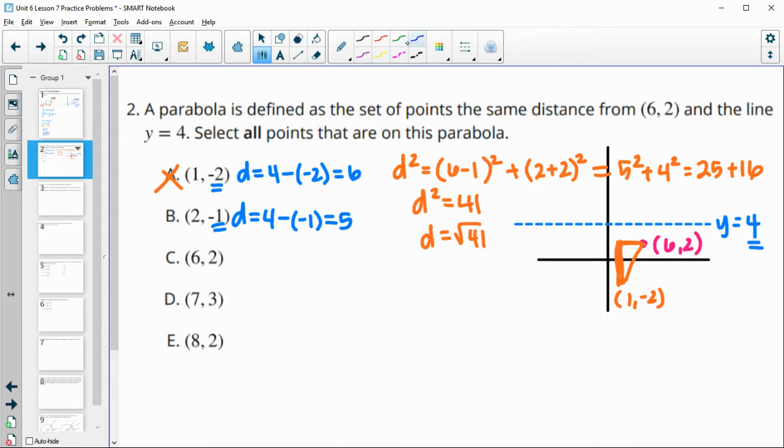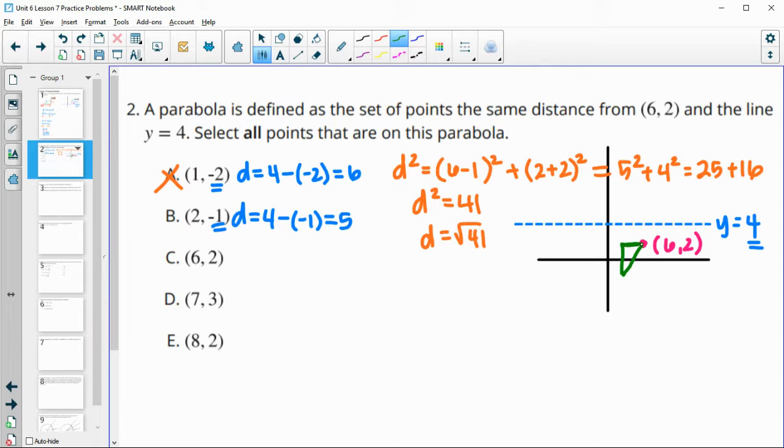Then we'll figure out how far this point is from the focus. So let me get rid of this stuff so we don't get lost in it. So now we're looking at the distance from the point (2, negative 1). So if you want, you can plot the point (2, negative 1). And again, you're going to find this horizontal and vertical distance and do the Pythagorean theorem.